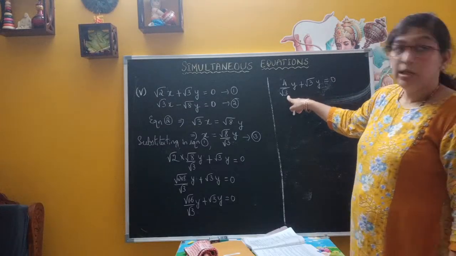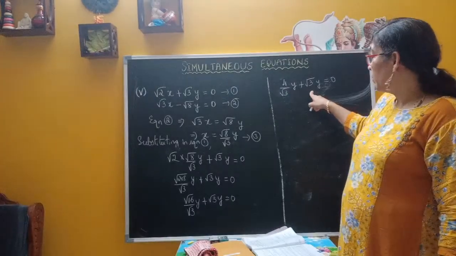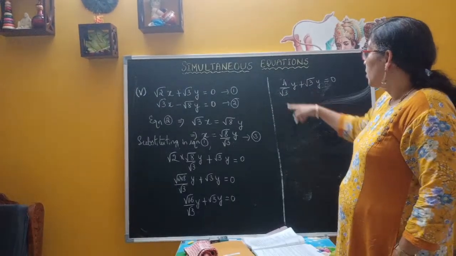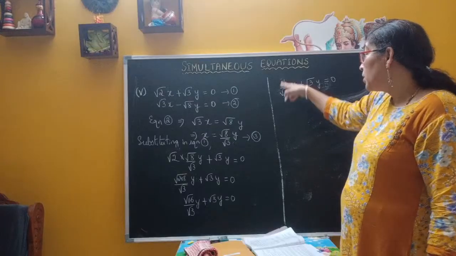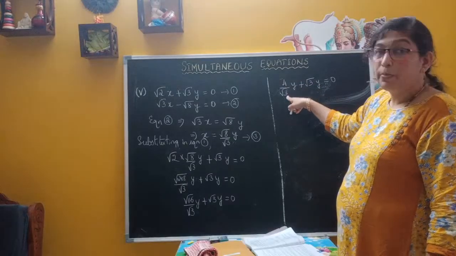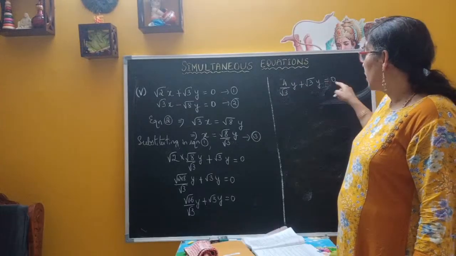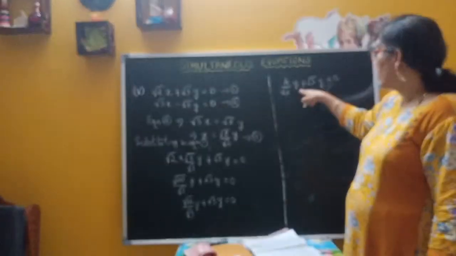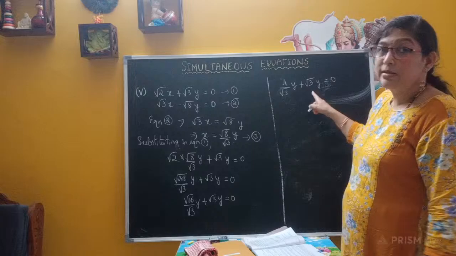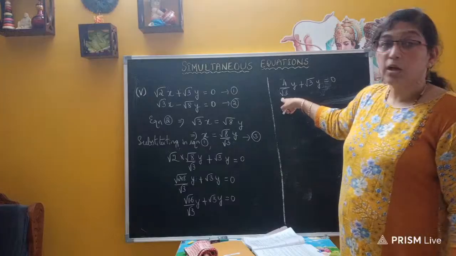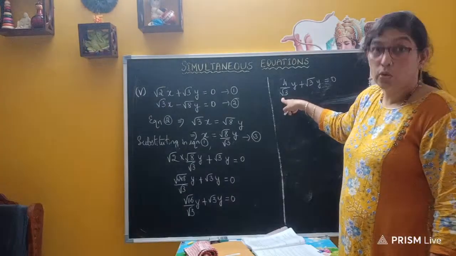Now, yes, we have a denominator here, and here we don't have a denominator. So what can be done here? We can take one method: rationalize the denominator of the first term and then take the LCM, or directly take root 3 as the LCM or common denominator. So what do you do? What is the rationalizing factor of root 3? It is root 3 only.